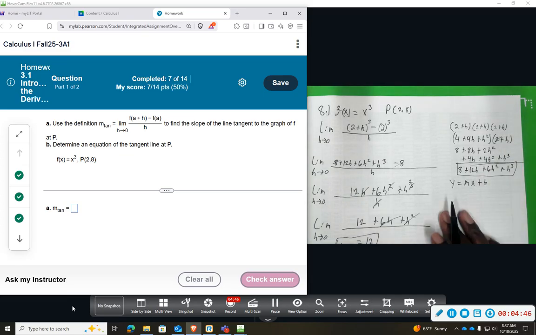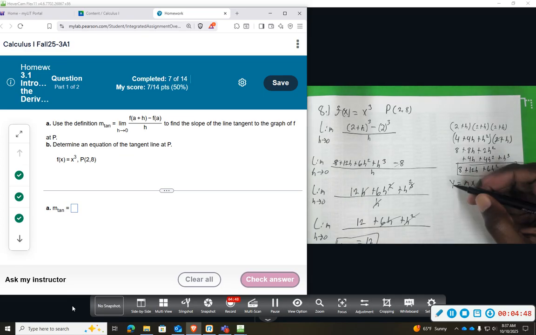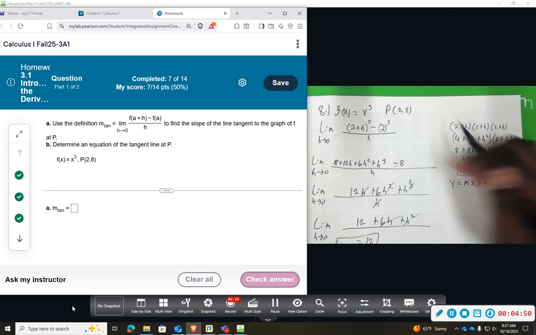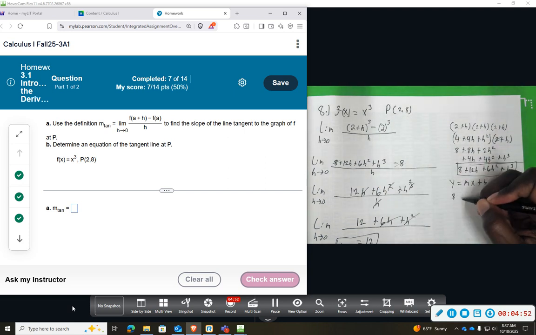Then we'll use that. I like to just plug everything into slope-intercept form. We'll plug in the 8 for the y value. The slope is 12. The x value is from the ordered pair, the point, 2. And then plus b, and we're going to solve for b. So this will give us 24. So we have 8 equals 24 plus b.